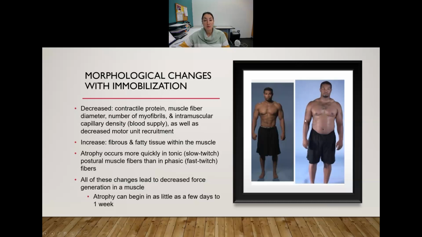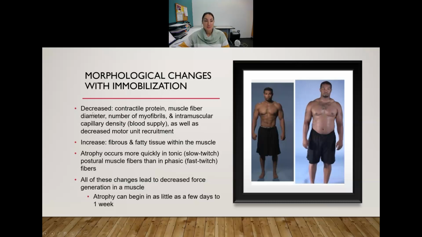He actually did it intentionally, and then worked out with his personal training client and got back to his prior size. But just to kind of show you an example of what happens when you go from working out to not. This is kind of an extreme example, but yes.